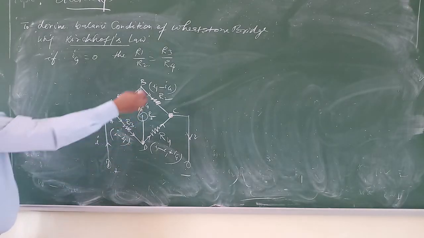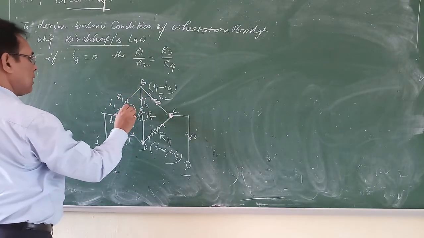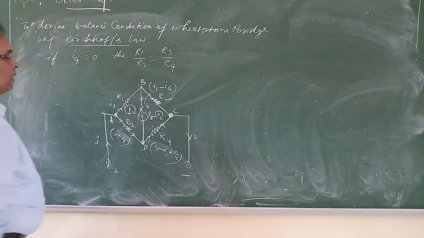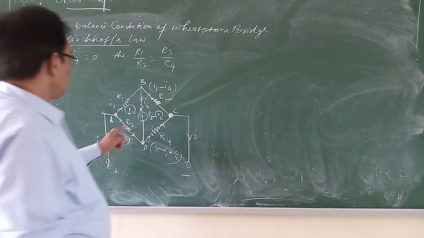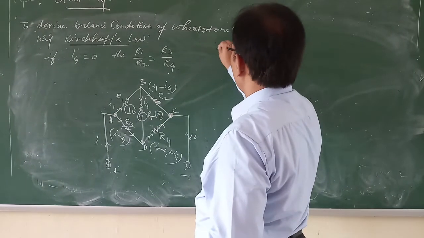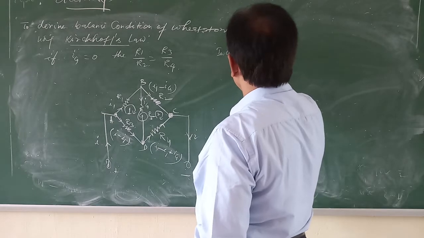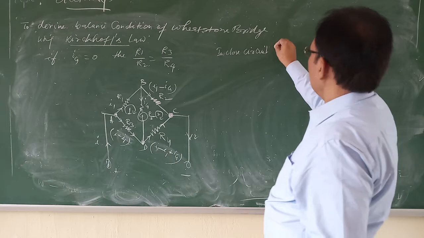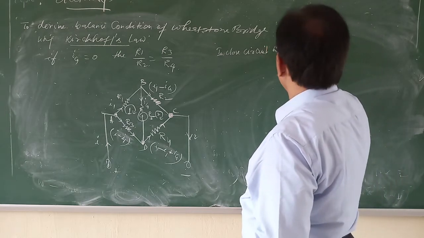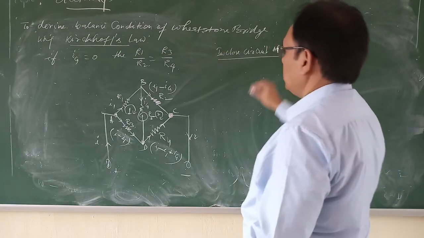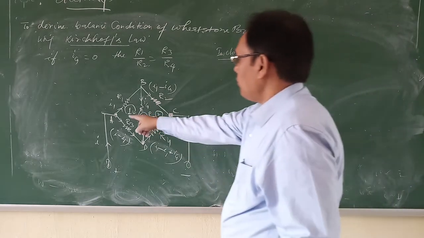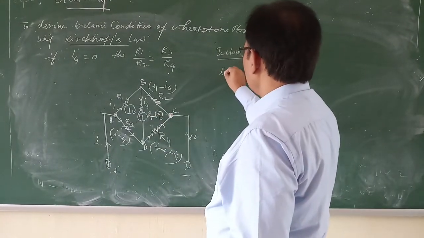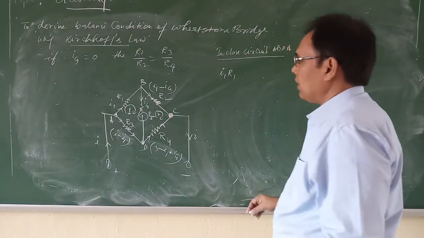And now there are two closed circuits. This is marked as closed circuit 1 and this is the second closed circuit. So to prove it, use closed circuit 1, A, B, D, A. In this closed circuit, if you are moving from A to B, current is also in the same direction, so the product of current and resistance is positive, I1 R1.